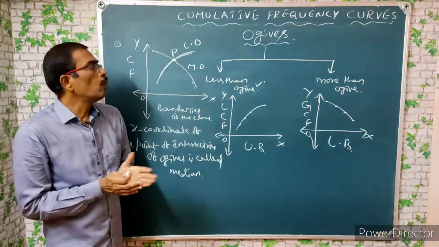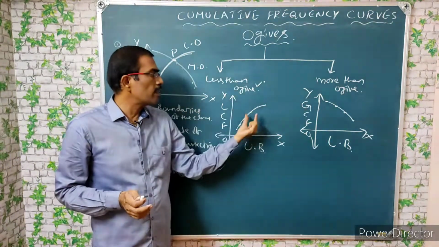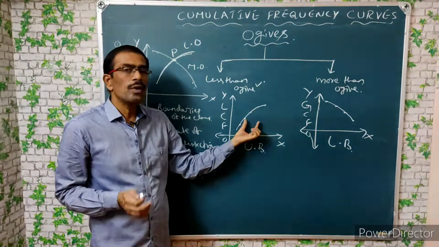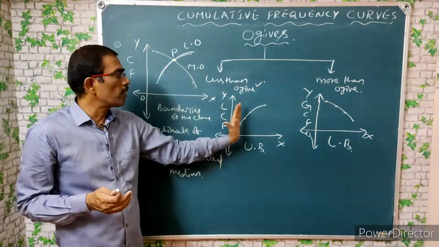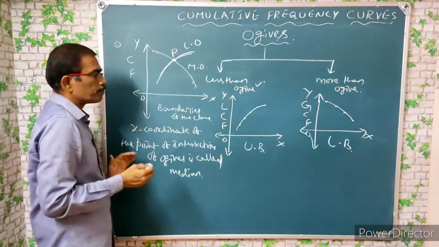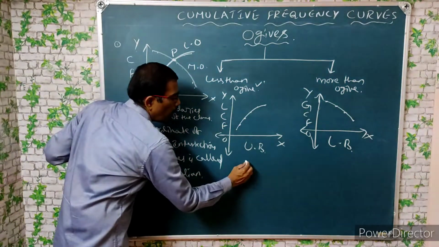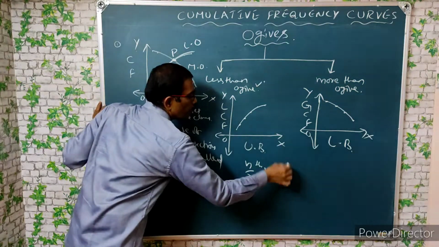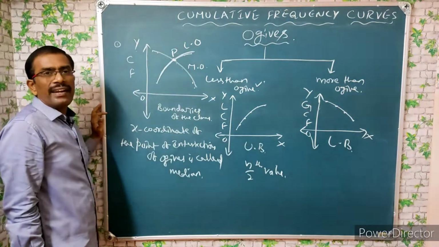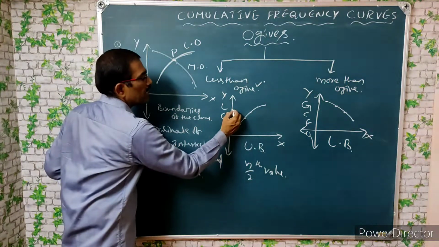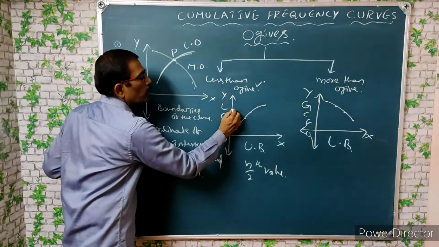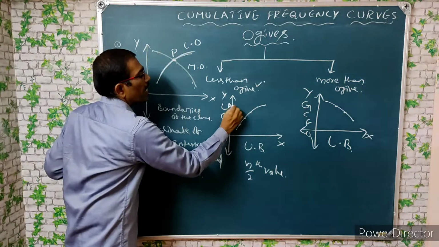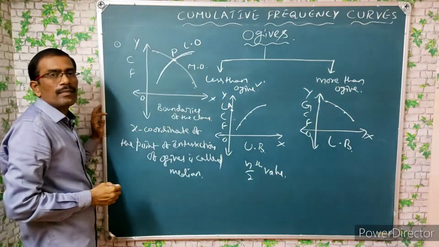Suppose you have drawn only one of the ogives, either the less than ogive or the more than ogive. Suppose you have drawn the less than ogive. How to find the median from the less than ogive? First of all, you have to find the n by two value of the data. Now locate that n by two value on the y-axis. Suppose at A, the n by two value is there.